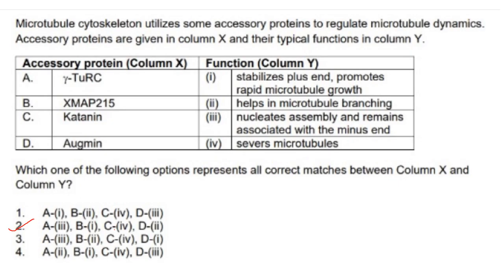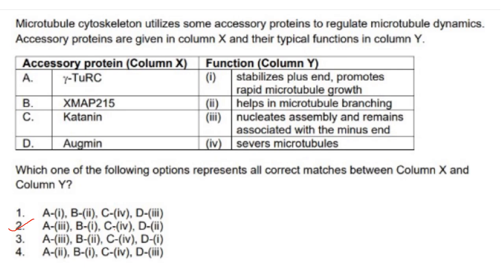Then next one. The microtubule cytoskeleton utilizes some accessory proteins to regulate microtubule dynamics. Accessory proteins are given in column X and their typical function in column Y. So gamma-TuRC, that is A3: nucleates assembly and remains associated with the minus end. So that leaves out 1 and 4. Then XMAP215, that is found in synapsis. It stabilizes the plus end and promotes rapid microtubule growth.